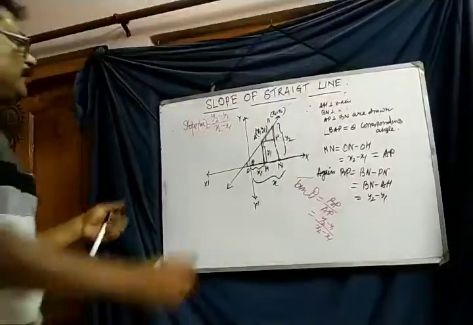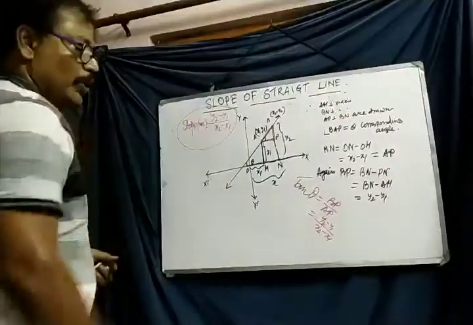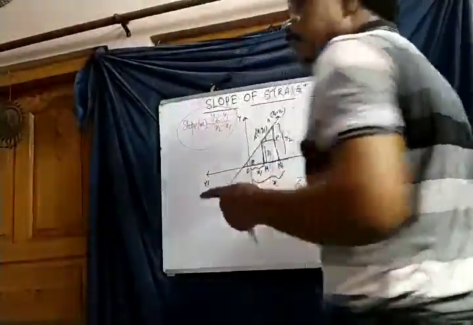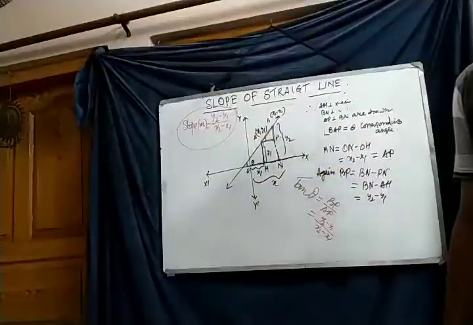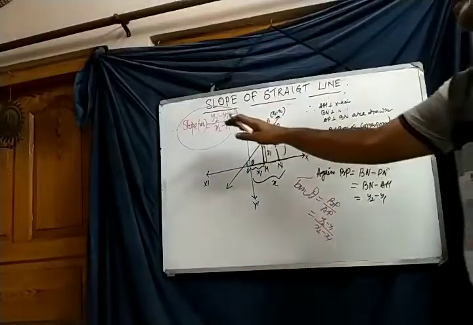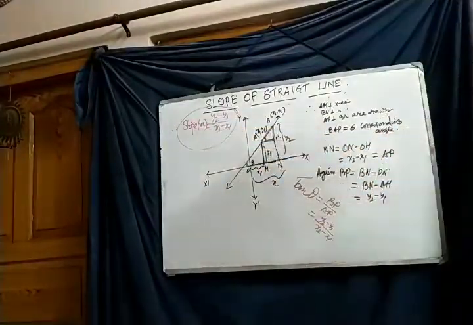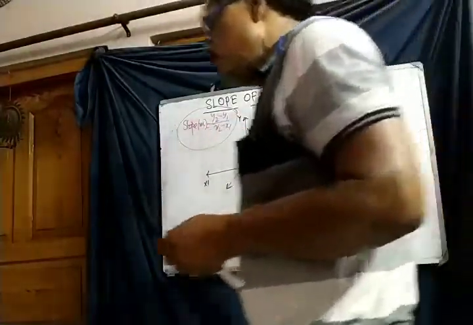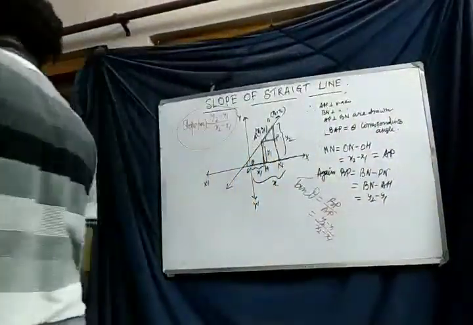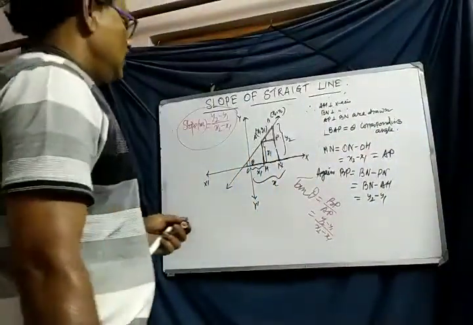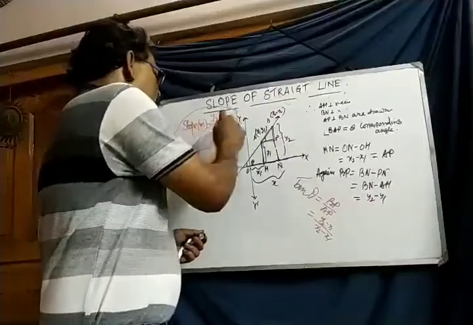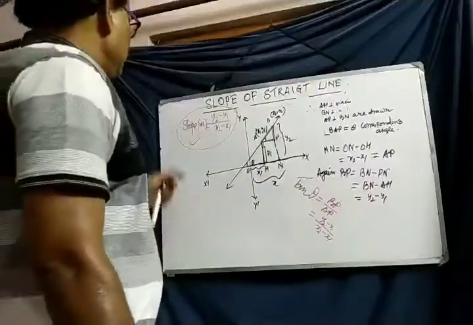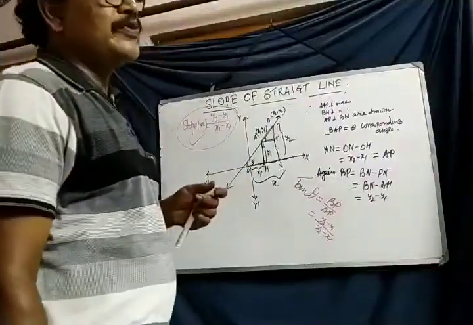By using this formula, we can find out the slope of a straight line when two points on the straight line are given. So, we have to remember the formula to find out the slope of a straight line.